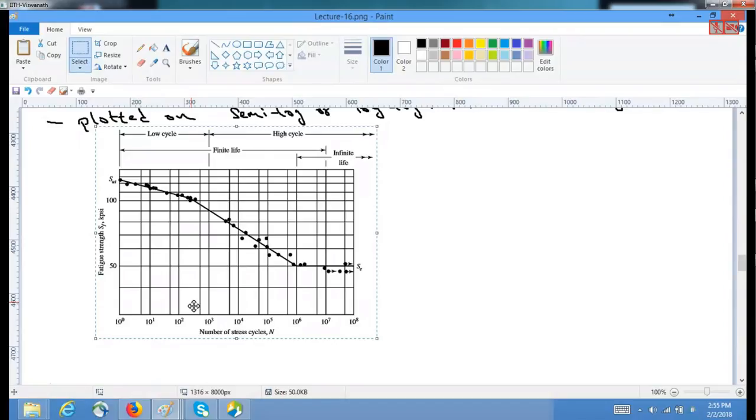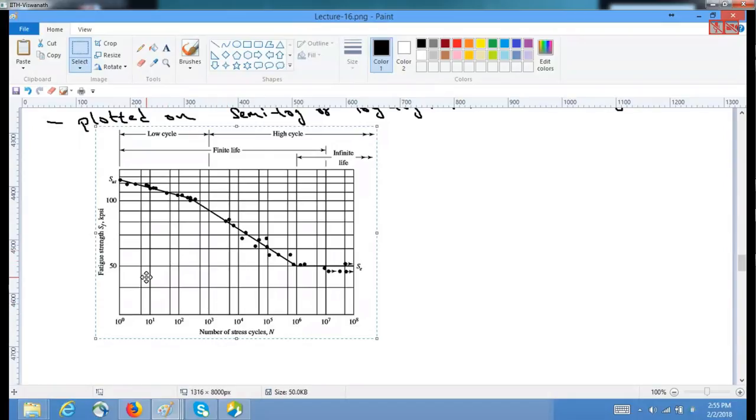Now, at the same time, if you operate very close to SU itself, it will break at only one cycle, because at the first cycle it will break. Similarly, at 80 Newton per mm square, it will come close to 8000 to 9000 cycles.